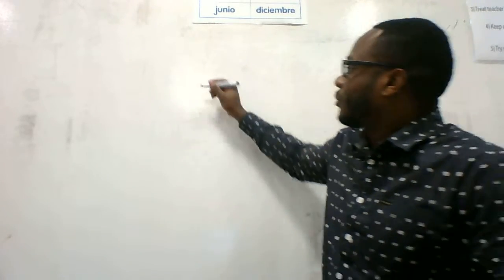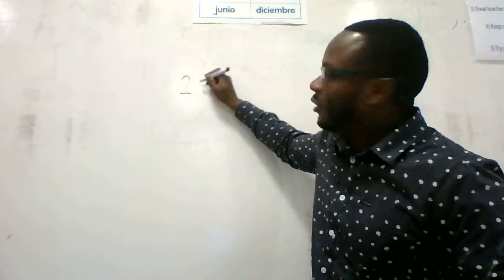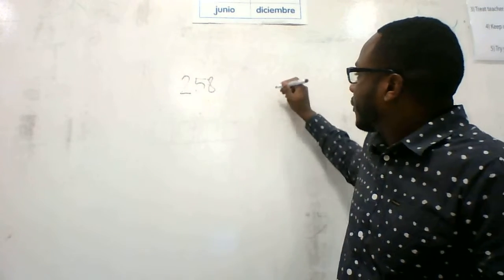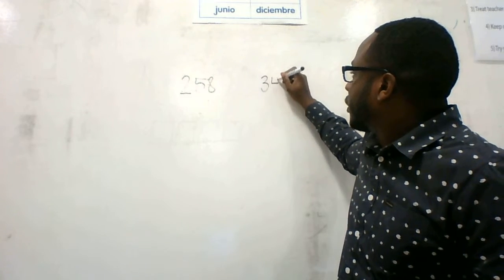Next, we're going to use the symbols to compare numbers. We're going to model 2 numbers, and I'll write them on the board. 258 and 345.